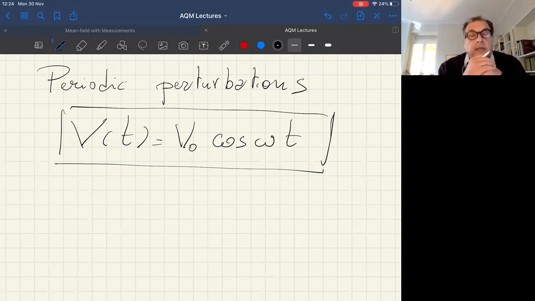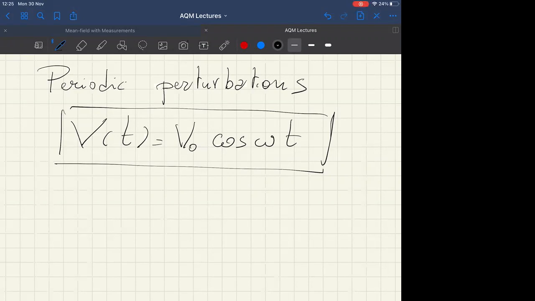Now, you know that if you shine some radiation on atoms, when do you have transitions between levels? When the energy applied is enough to excite the electrons to the next level.